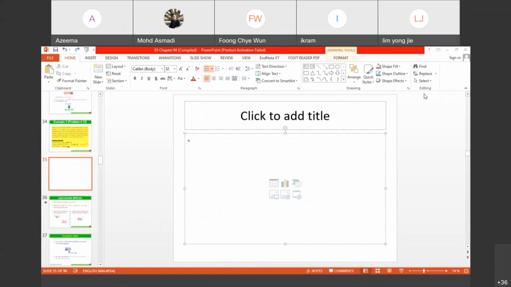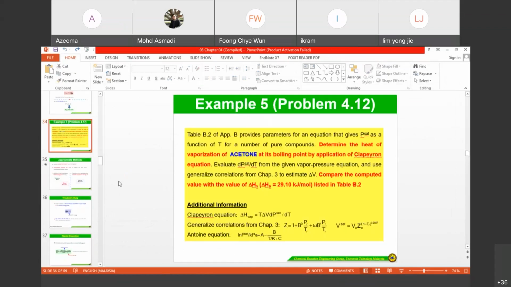Any questions about this example before we move on? Any questions? Is it that you can calculate or not?